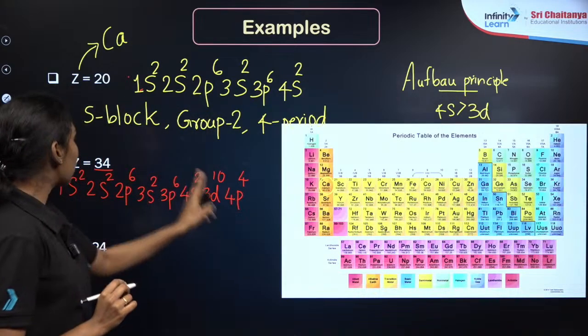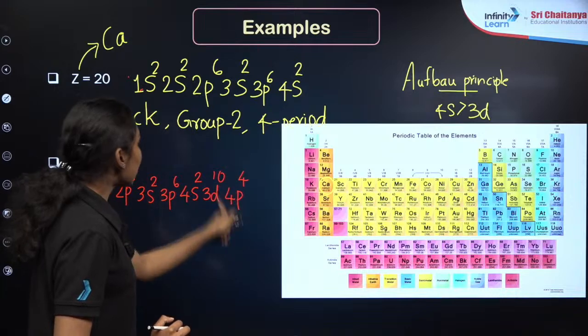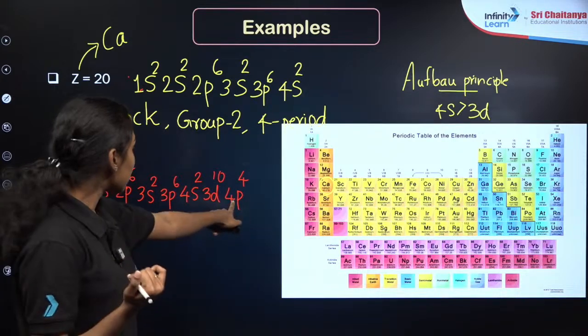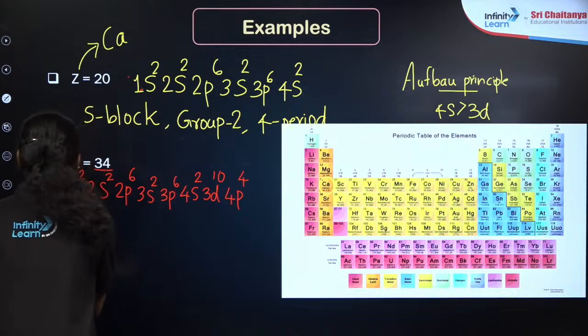Right? This will be the electronic configuration of this particular element, Z is equal to 34. You can see that the last electron enters into the p subshell. Therefore, this is a p block element.